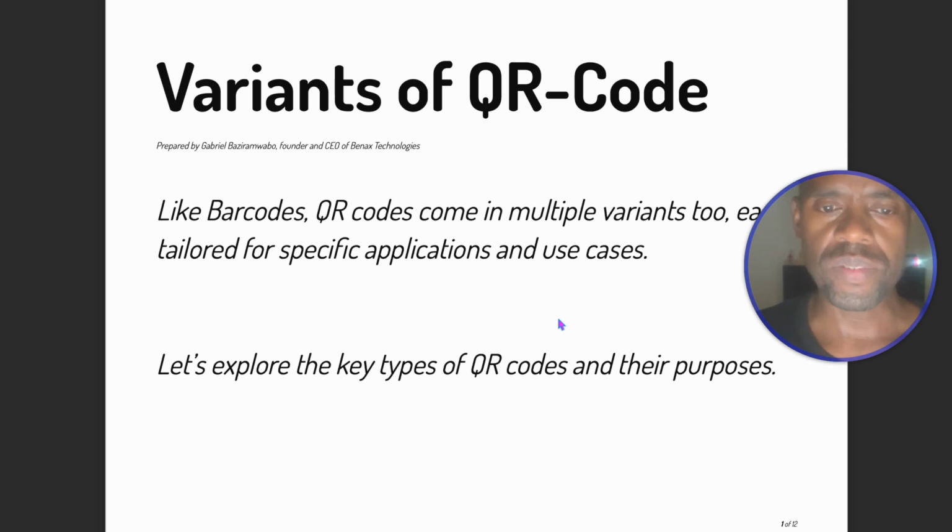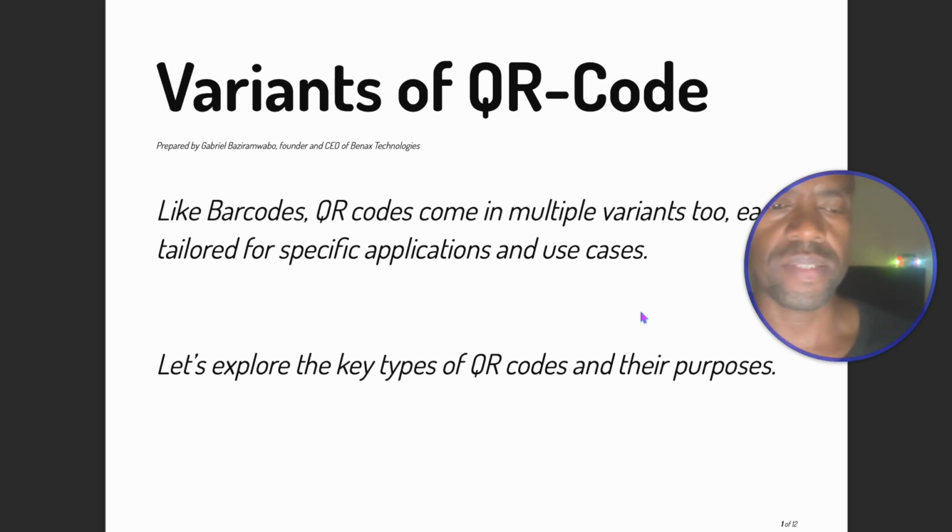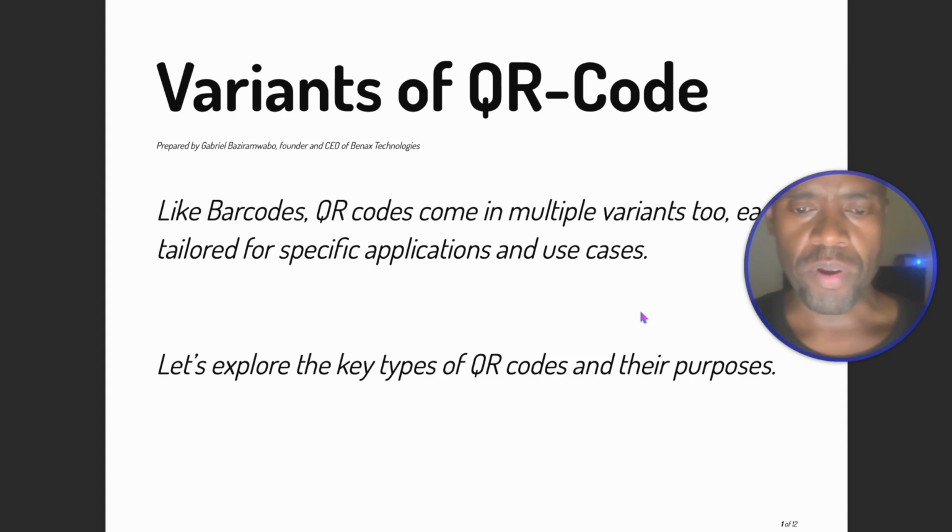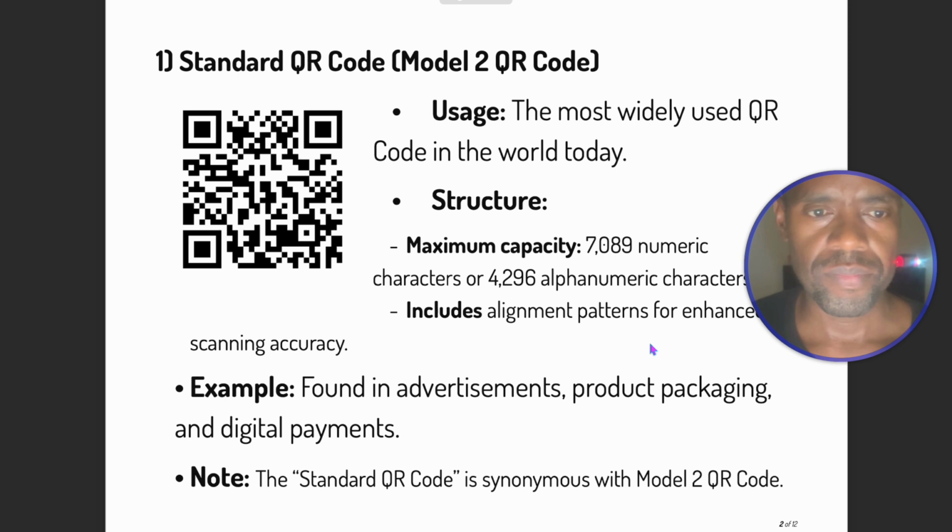Like the barcode that you saw in the previous video, QR codes come in multiple variants too, each of them tailored for specific applications and use cases. So let's explore them. There is a standard QR code, also known as Model 2 QR code.